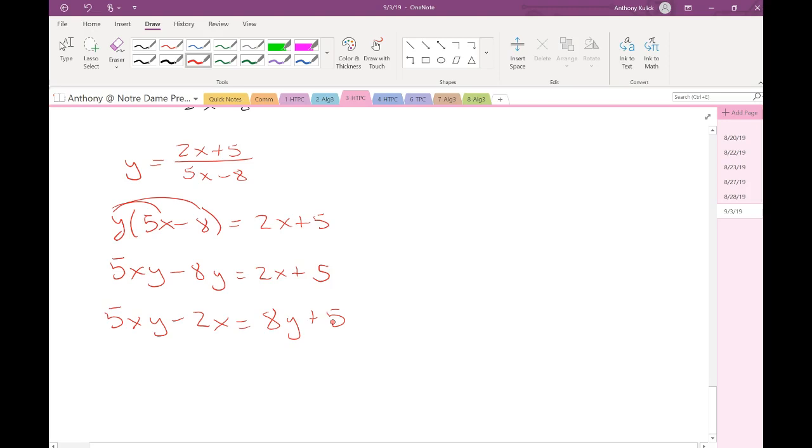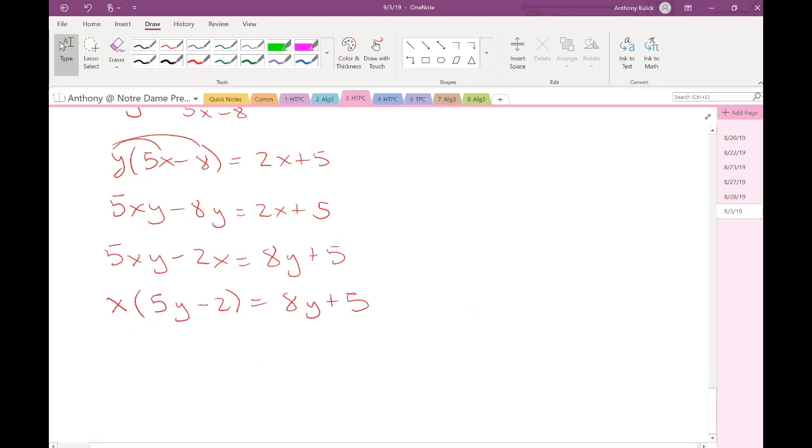So notice on the left-hand side, both of the terms involve an x. So I can factor an x out. And now, rather than having x's in two locations, I have just one x now, correct? So now it's time to divide.